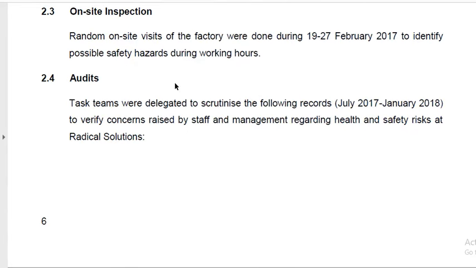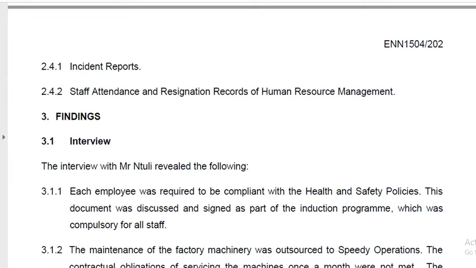Task teams were delegated to scrutinize the following records: July 2017 to January 2018, to verify concerns raised by staff and management regarding health and safety risk at Radical Solutions. 2.4.1 Incident reports. 2.4.2 Staff attendance and resignation records of human resource management. Okay, let's go to our PowerPoint and check out that example there.